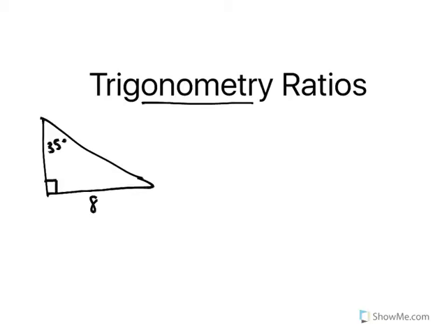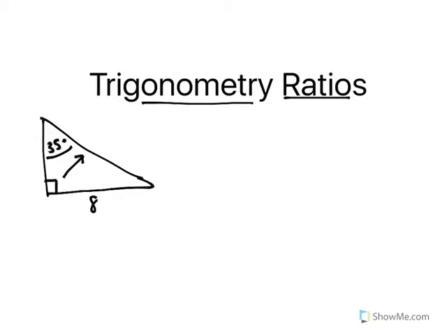So in trigonometry, there are ratios that have been found where the ratio of sides to an angle, or a reference angle, are always the same for certain degrees. So let's say we are given this triangle here. 35 is our reference angle.